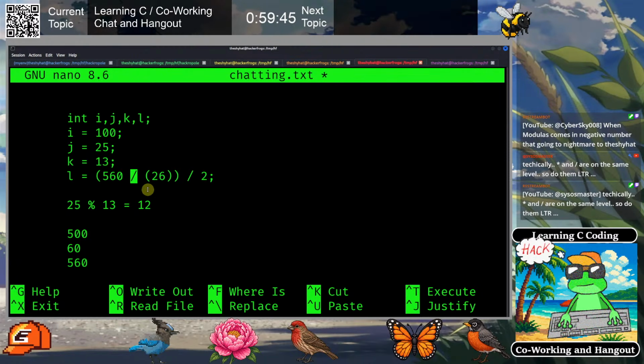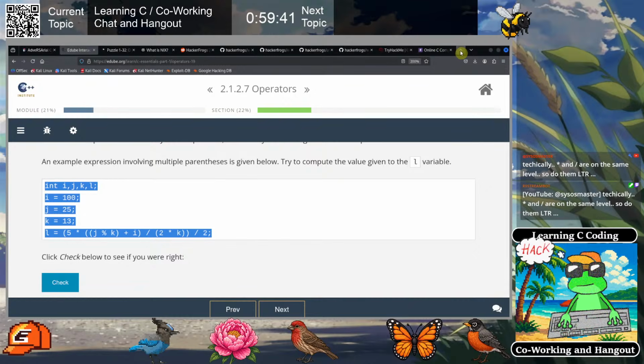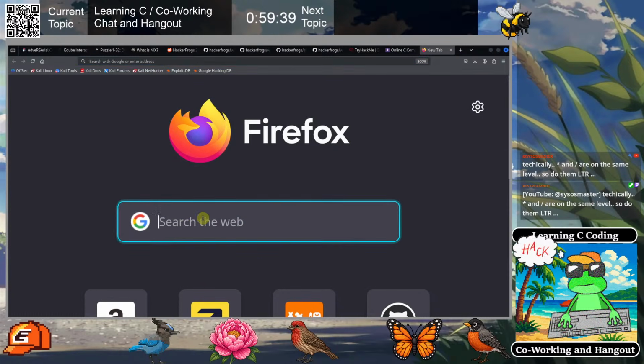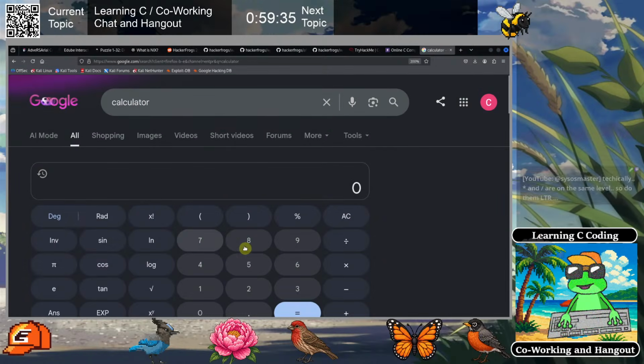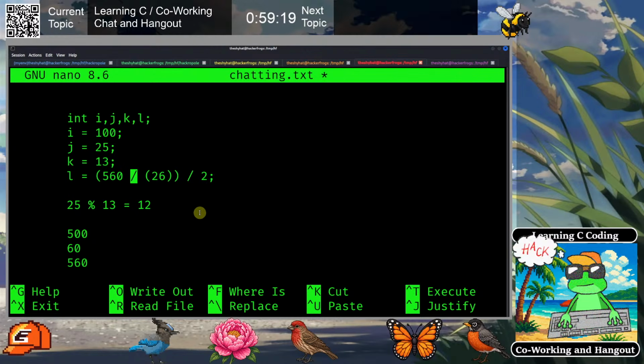560 divided by 26. Let's just do a quick calculator. This is 21 point something. Did I get my math wrong? Because I expected an integer number.